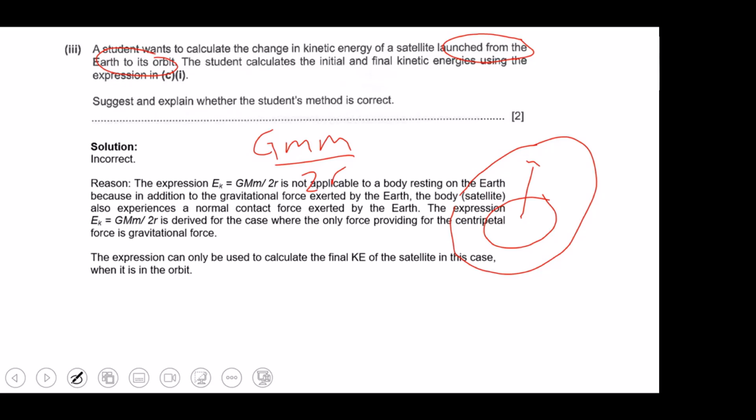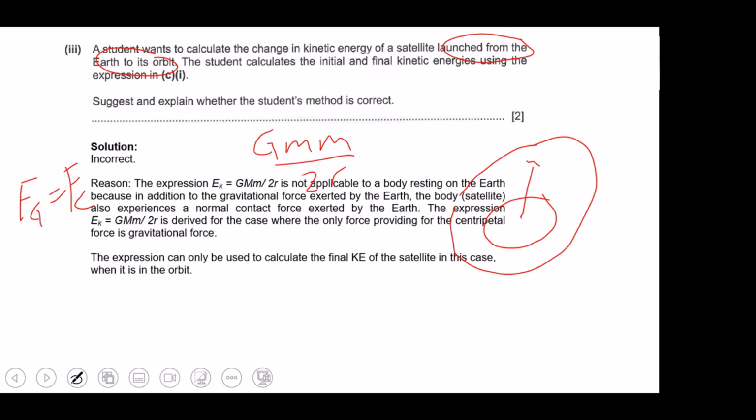This answer will be incorrect, because your GMm over 2R, like I mentioned, applies to a satellite in orbit, but this question is of a satellite launched from Earth to orbit. So it's not applicable for a body resting on Earth. When there is only a gravitational force, as what you have done just now, with your Fg and your Fc, that's how you obtain your equation of GMm over 2R.